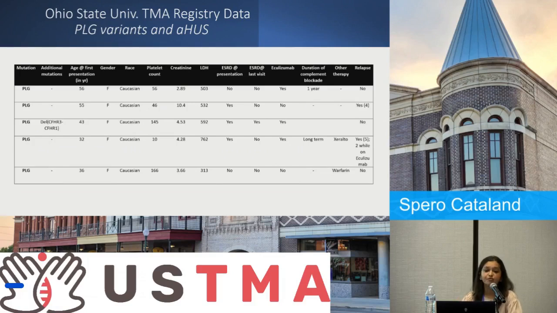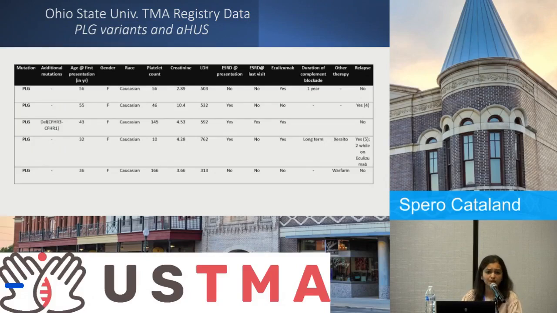And in 5 of them, it's still 5 out of 60, so it's still a low number, but we did find 5 patients who had a plasminogen gene variant. Interestingly, all these patients were female, and their first episode was in their mid 30s to mid 40s.